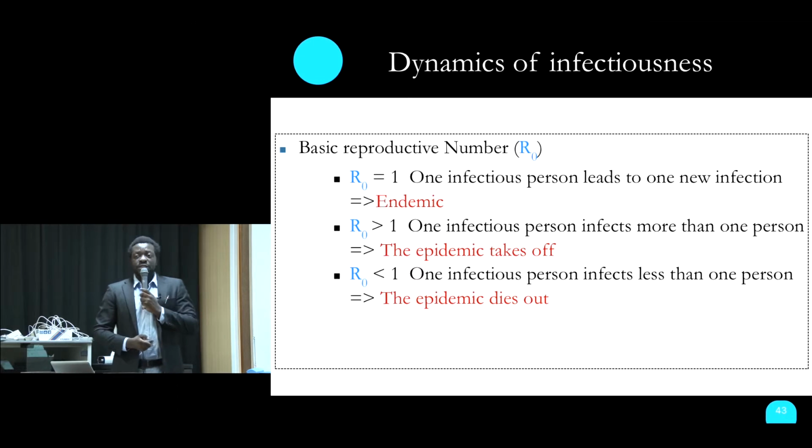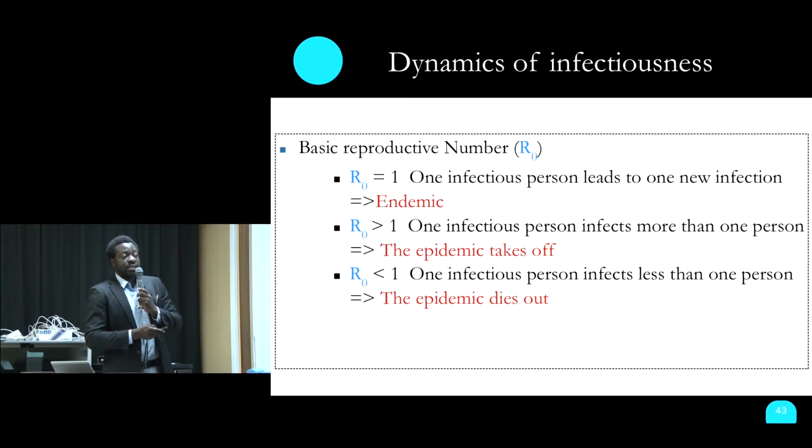But what does it really mean practically? R naught of 1 means that one infectious person can give infection to only one new infected person. In that case, we have an endemic stage because only one person can transmit the infection to another one, only 1 to 1.